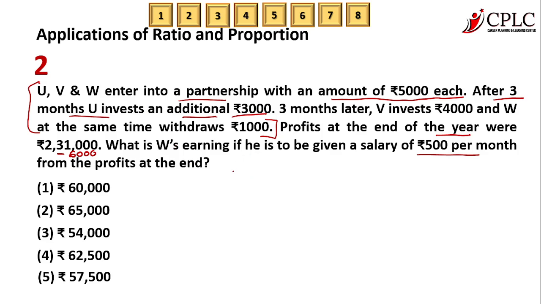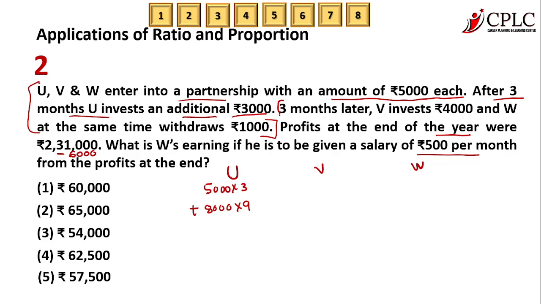So that means the investment that U made of 5,000 is only for the first 3 months, and for the remaining 9 months, he has invested 8,000 because he has invested 3,000 extra. And that is what you need to understand here very, very clearly.